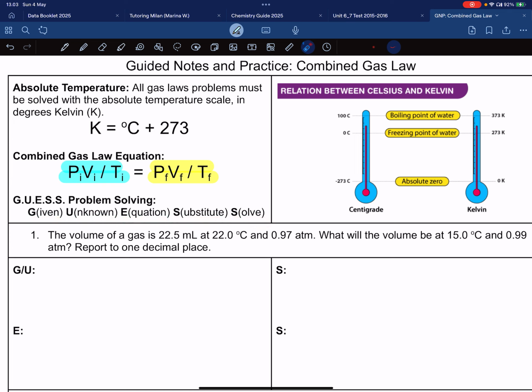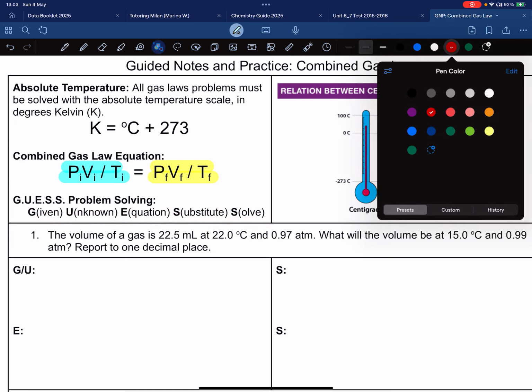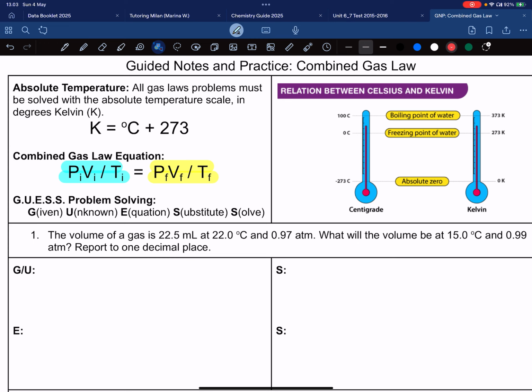Now, the final thing that you have to remember about gas laws is you have to use what's called the Kelvin temperature. So 0 degrees Celsius, which is where water freezes, in Kelvin is 273. So you can see here 0 is 273.